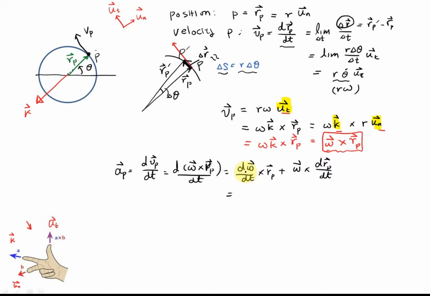Then d omega over dt becomes the angular acceleration, alpha. So I can put the alpha vector cross product rp plus omega cross product, and this last part is the same as before, omega cross product rp. So this is the vector form of the acceleration of point p.